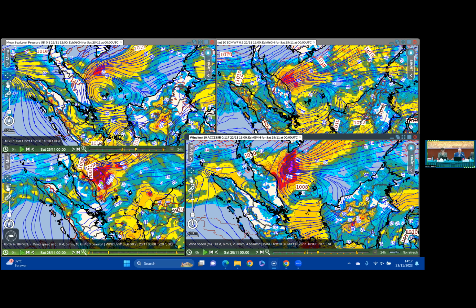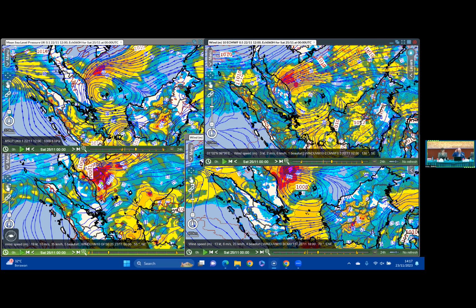So an important task of the forecaster is to make the best use of the numerical prediction models. As we said yesterday, and it's in the discussions, it's important not to use only one model, because if this model is wrong, then we would follow a wrong solution.